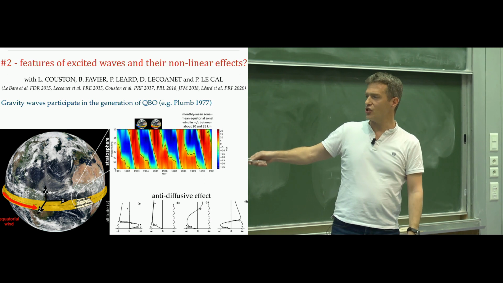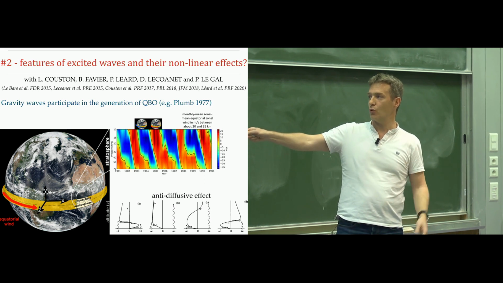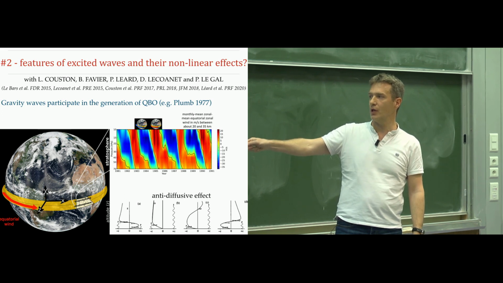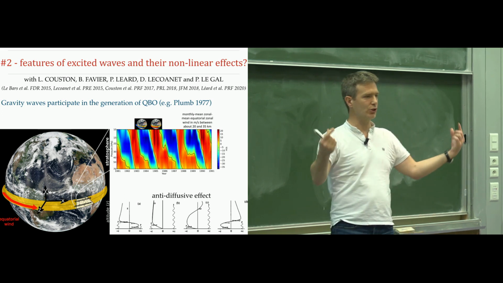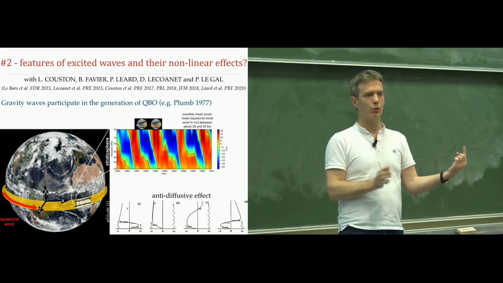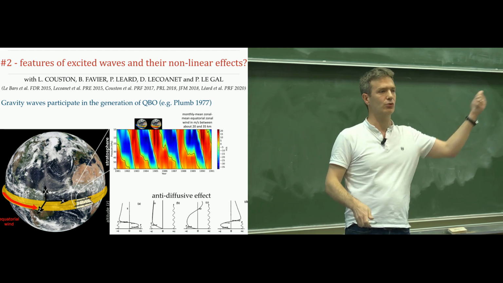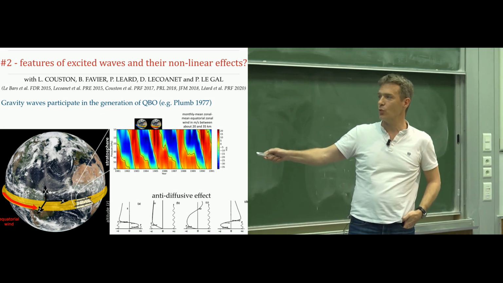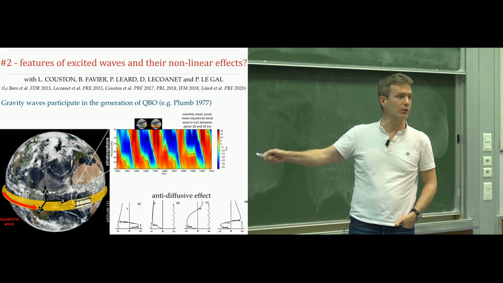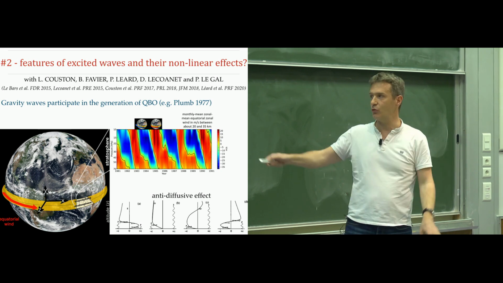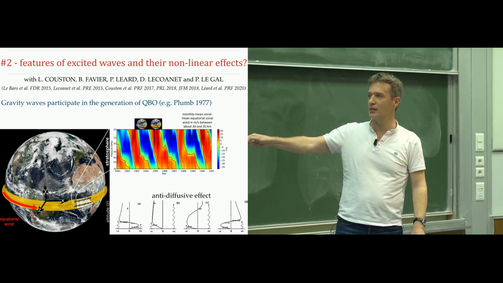So on this small sketch, you start from an established mean wind flow like this as a function of depth. And you imagine that you launch at the bottom 2 waves with the same frequency, same wavelength, but one propagating towards the east and one propagating towards the west. Because of this anti-diffusive effect, these waves will damp very rapidly on this mean flow. If it damps, it means that it will deposit all its momentum and it will accelerate this wind.